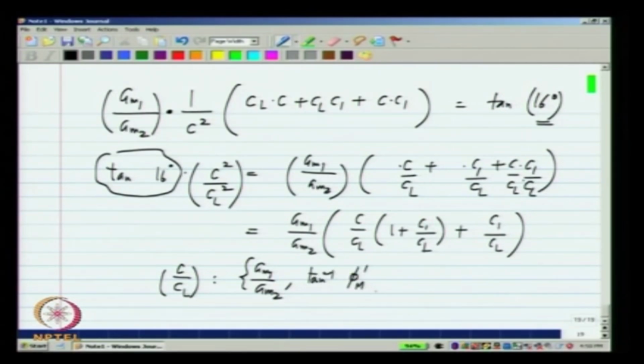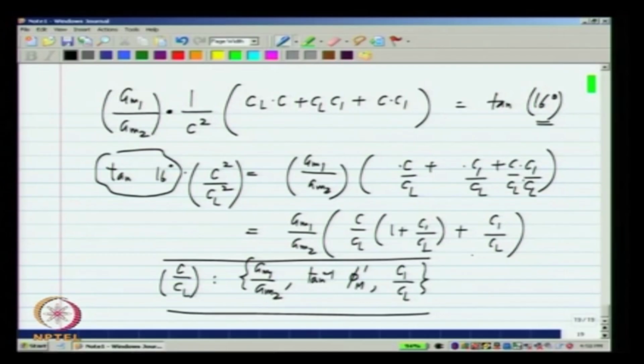I will put phi m prime because this is the phase lag, excluding the phase lag due to the 0, and it also depends on this ratio C1 by CL. So, the bottom line is it can be calculated based on these things, and then you can verify it with simulation whether it is exactly right or not.